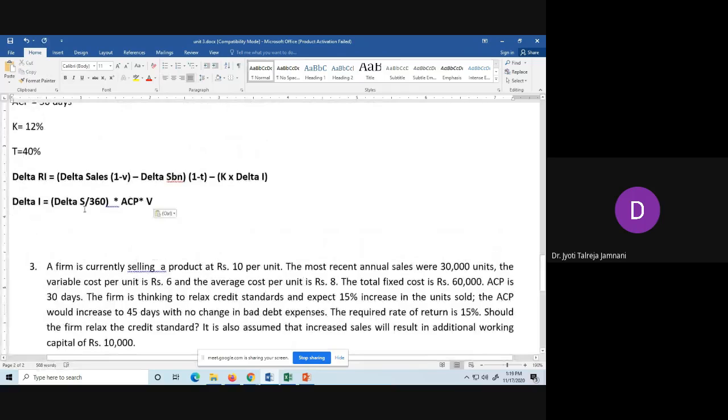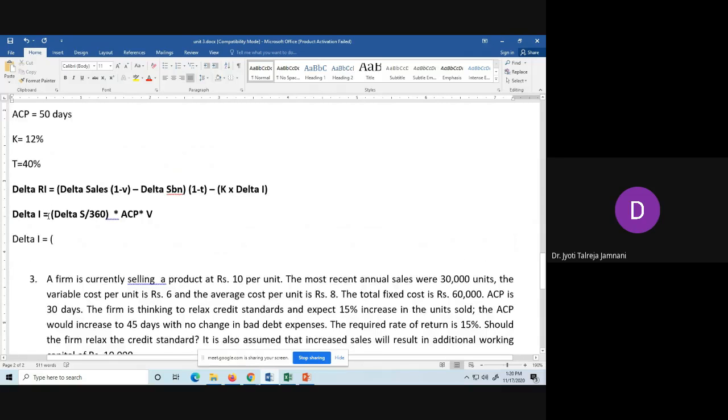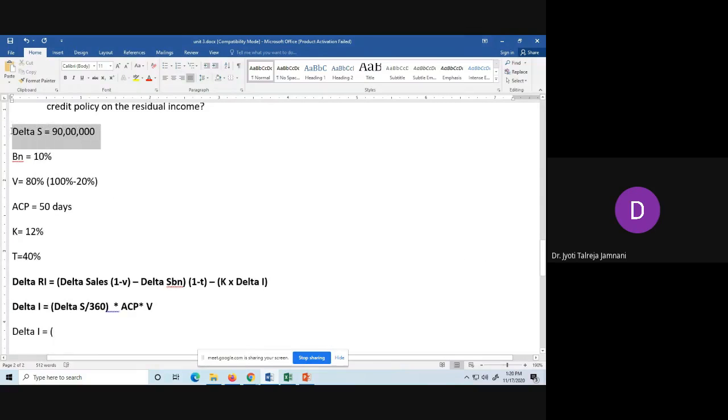So for delta I, we need the value of delta S. That is nothing but change in sales. So that is 90 lakhs, which is given here in the problem.